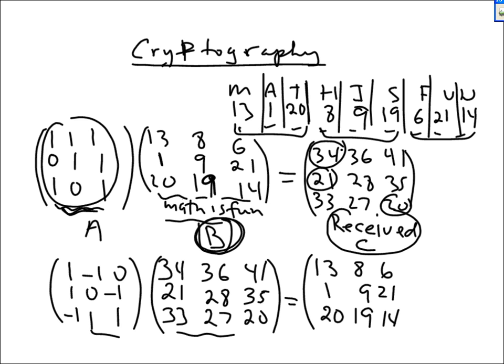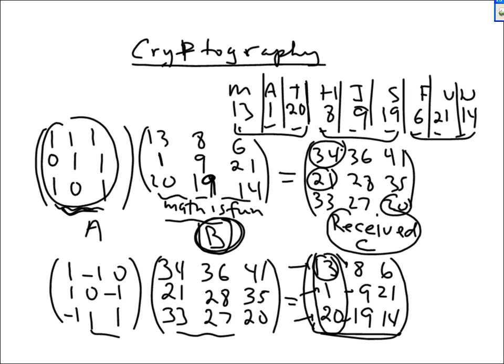So now the person you sent your email to, the receiver, now has this matrix. And what they do is you tell them beforehand. That's the first letter, that's the second letter, that's the third letter, the fourth, the fifth, the sixth letter.